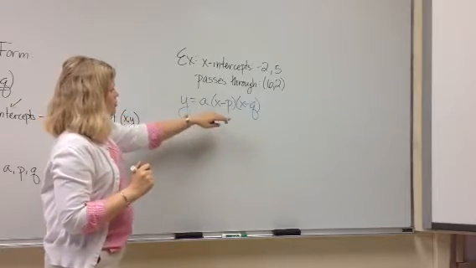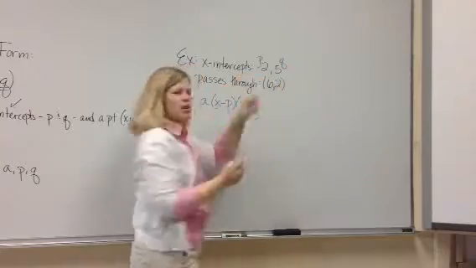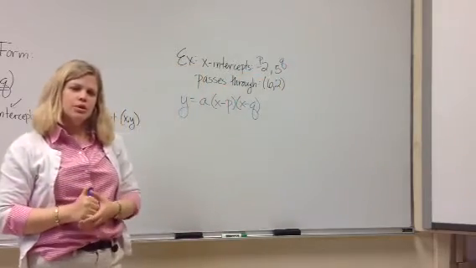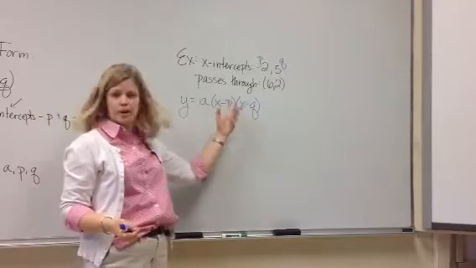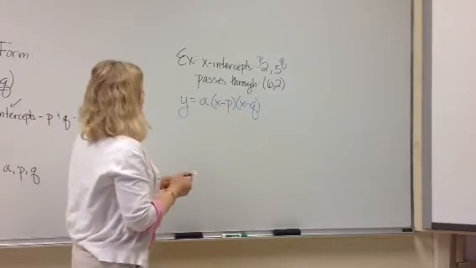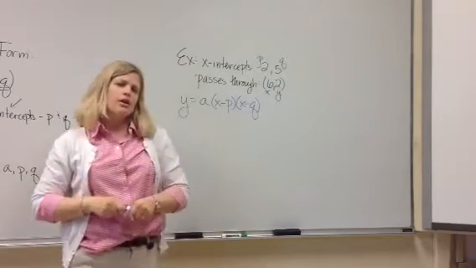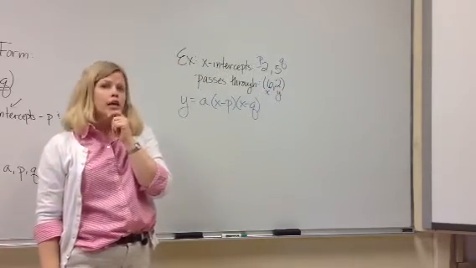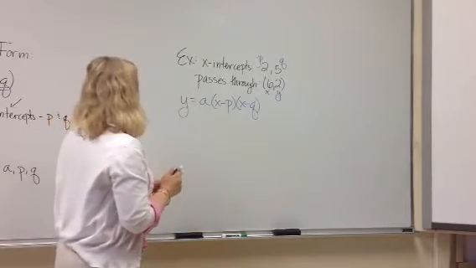So let's label this one. We can just call this one p and this one q. Would it really matter which one's p and which one's q? No, because you're just multiplying. They're exactly the same. All right, this one's x and this one's y. Would it matter if you mix those up? Yes, it would be a huge problem. I'd be very sad, and so would you when you'd see your grade.